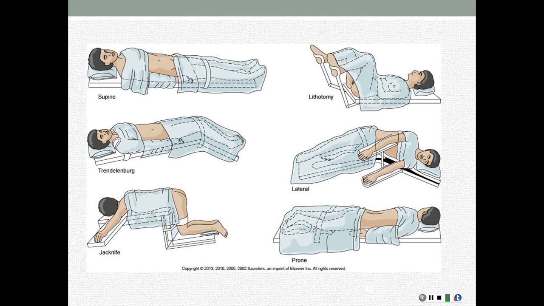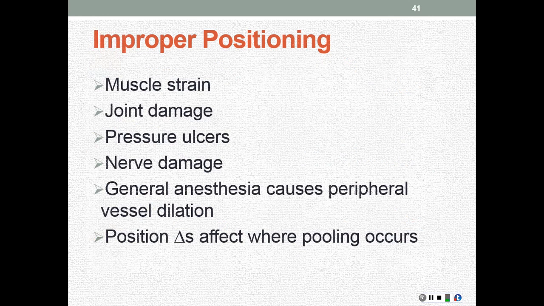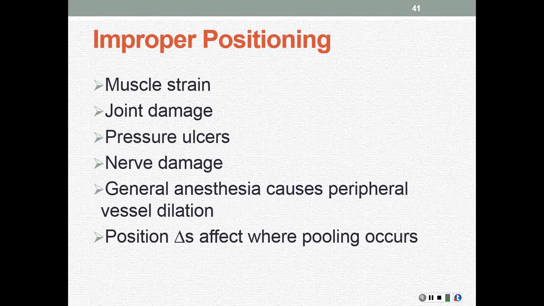So what happens if we don't put our patients in good positioning for their surgical procedure? Look at all this business. Oh, bad news. Muscle strain, joint damage. You can actually pop joints out of place. Okay. Of course, pressure ulcers.